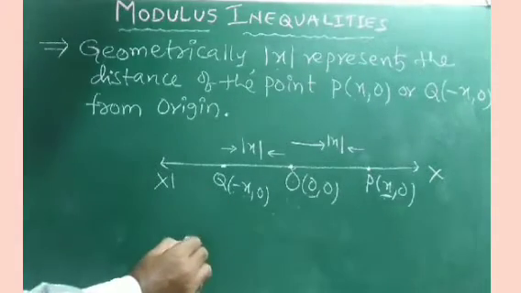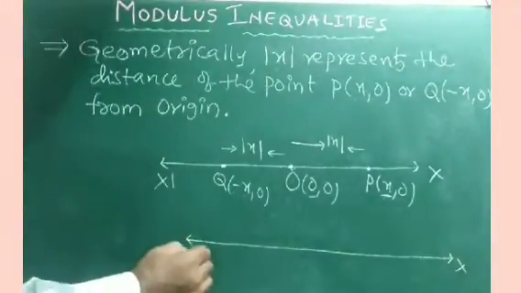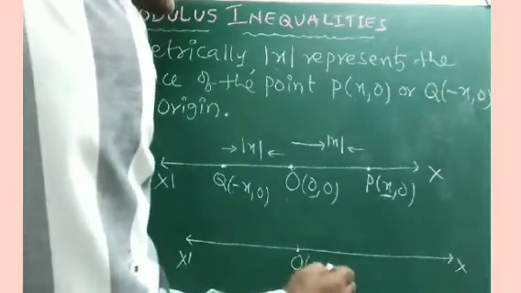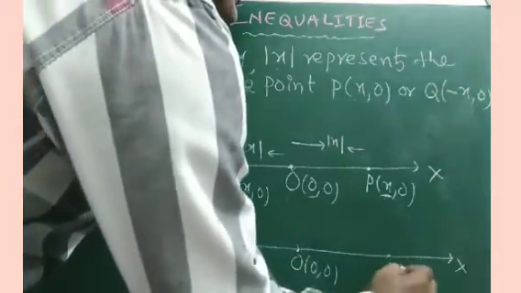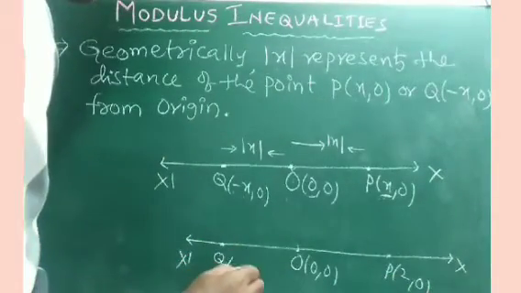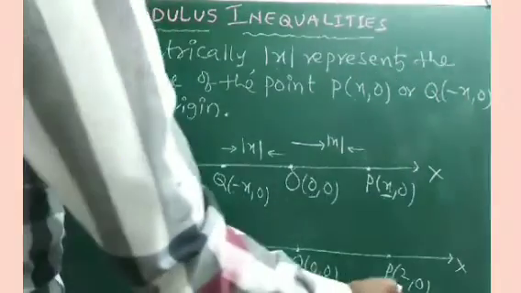To understand more clearly, let me consider some numerical values. Let O be (0, 0). Say this is P (2, 0). Now this is another point, say Q (-2, 0). The x coordinate here is 0 and this is 2.